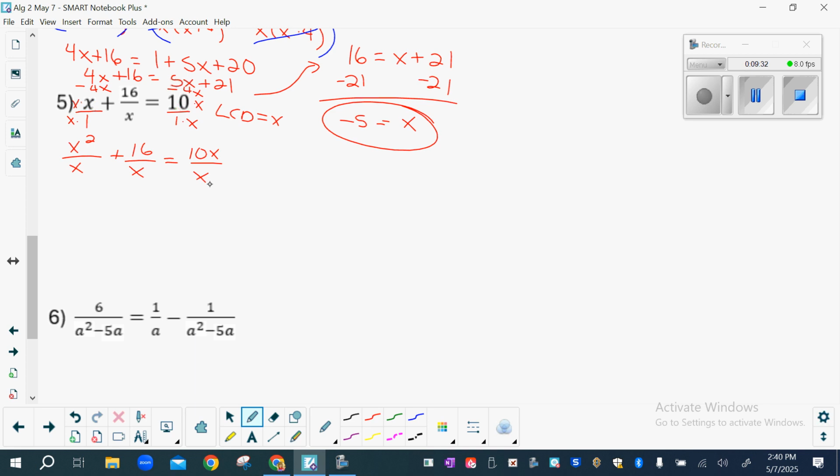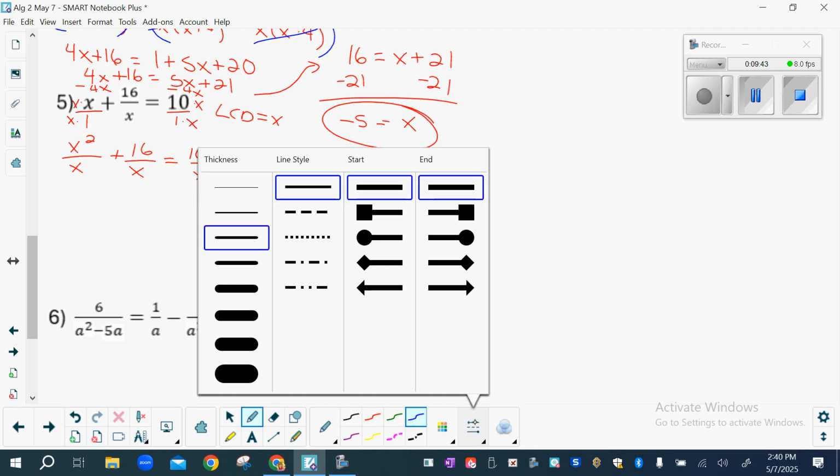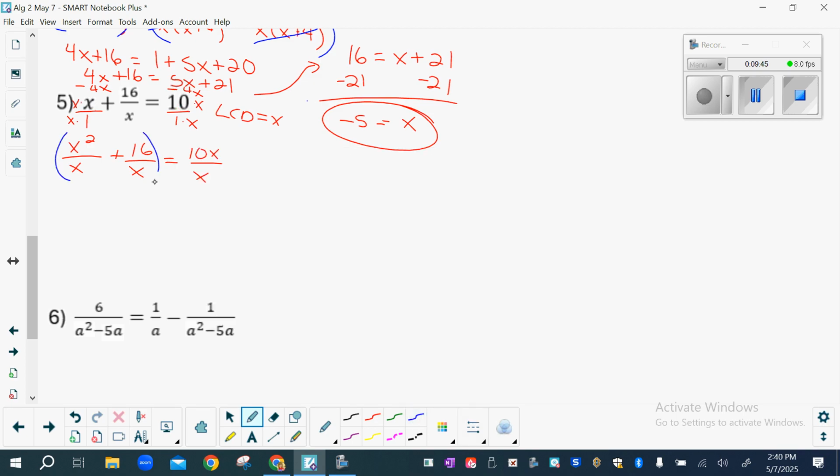And so, again, what do I do next? Good. Multiply both sides by x to get rid of the denominator. Then we get x squared plus 16 equals 10x.